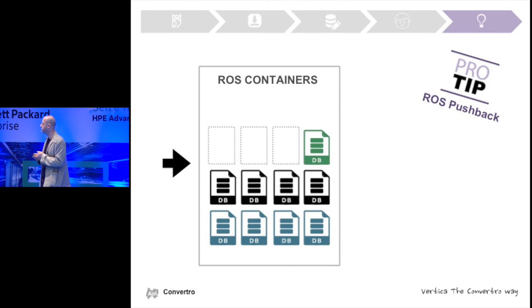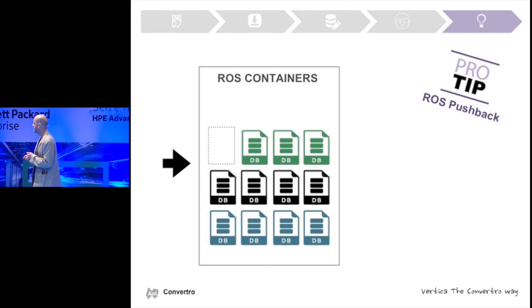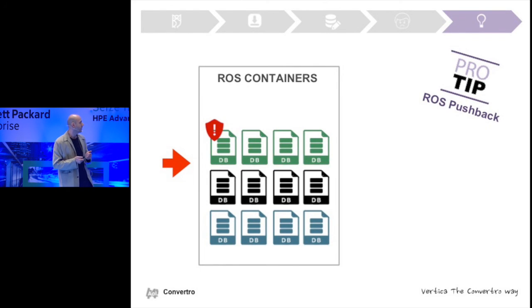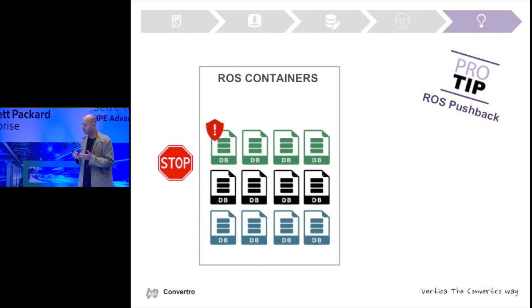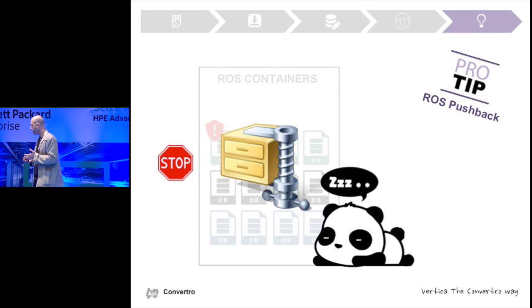You start loading to some table, and then you reach the ROS or the number of files limit, and you start to get errors. Now you cannot insert anymore, and the pressure is going up. What do you do? You just need to wait for Vertica to merge all those containers, all those files, into one file or several files. It can take a lot of time.